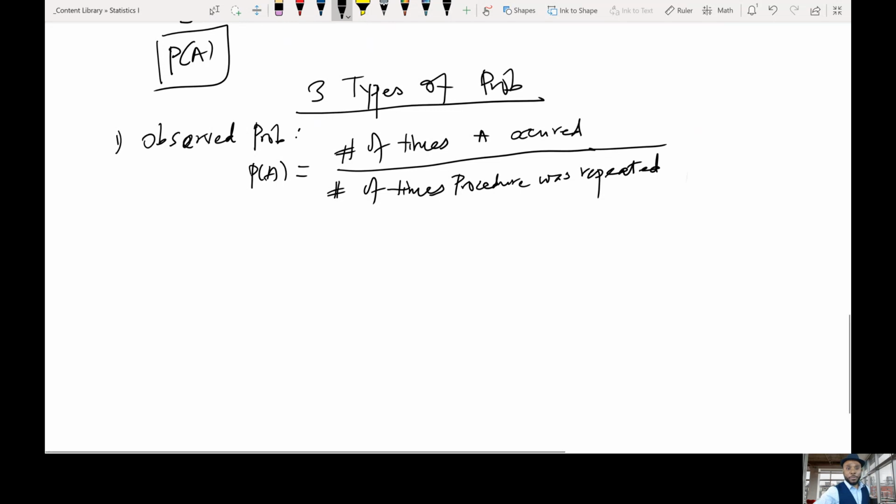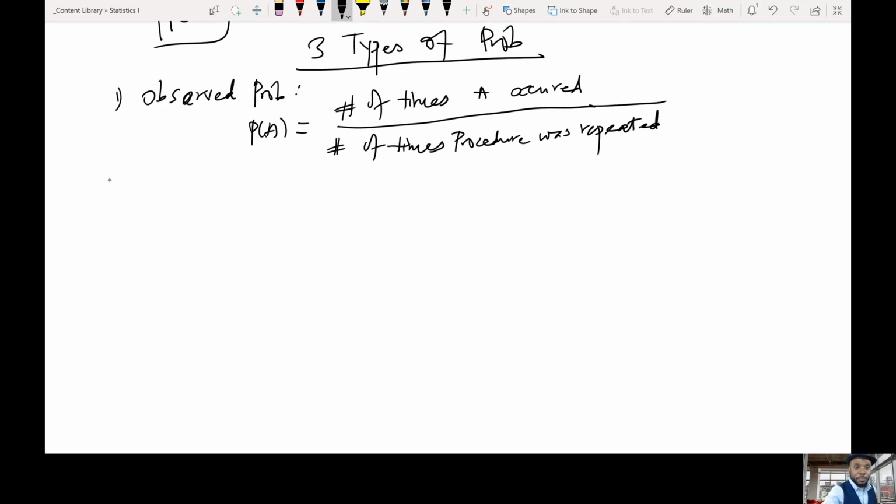Now, the second type of probability is known as the classical probability. This is generally based on theory. So the classical probability is based on the chance of an event occurring. You're not observing a procedure occurring.